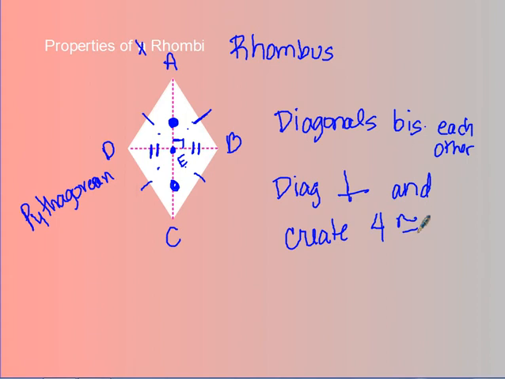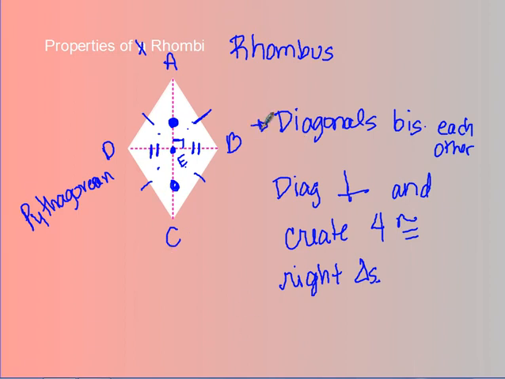All of the four triangles are exactly the same size. And we will have to use given information to find lengths of diagonals or lengths of sides.